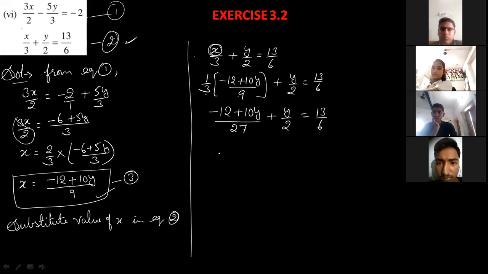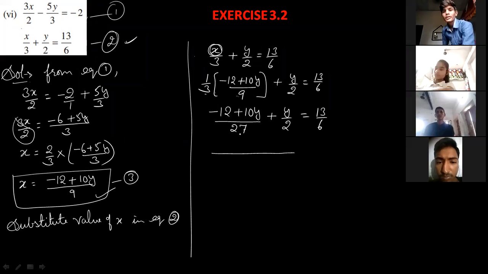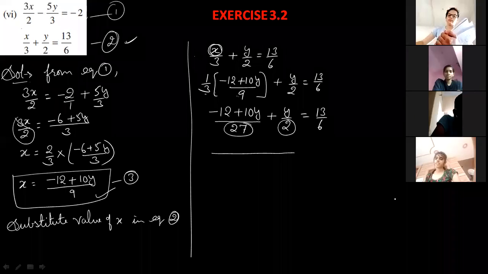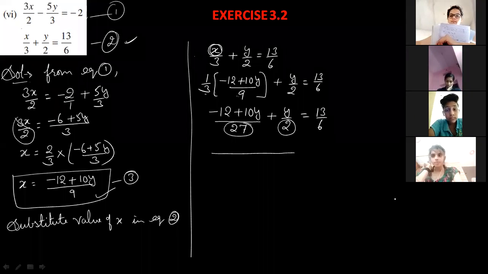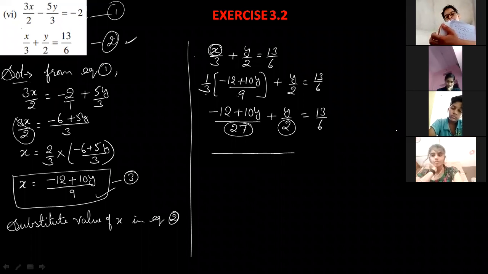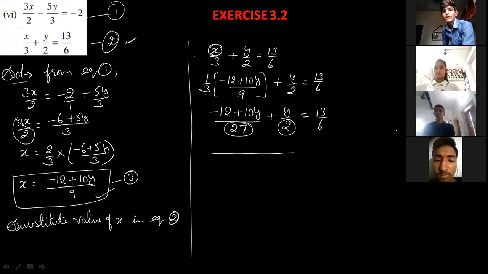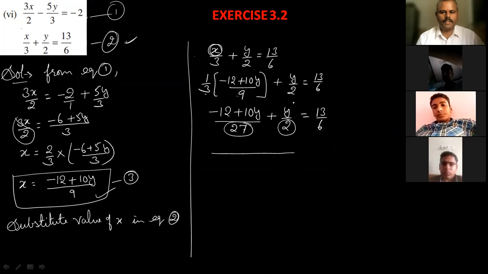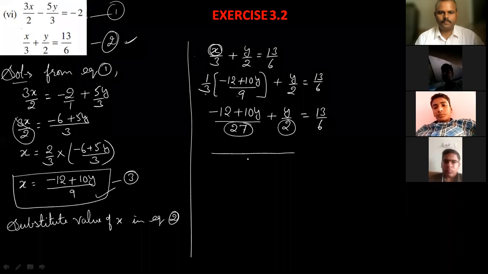Take the LCM. LCM of 27 and 2. What will be the LCM? Yes, LCM of 27 and 2 is 54.